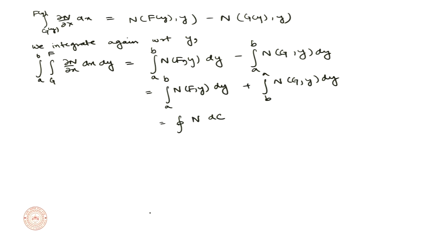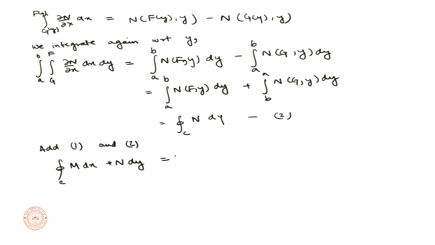All right. So, now we can add the two. This is our equation 2. So, we can add 1 and 2. We will have the cyclic integral over C of m dx plus n dy.